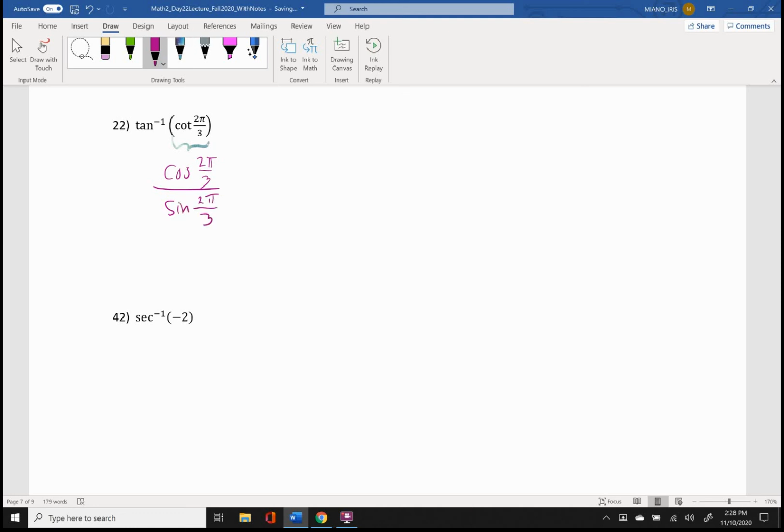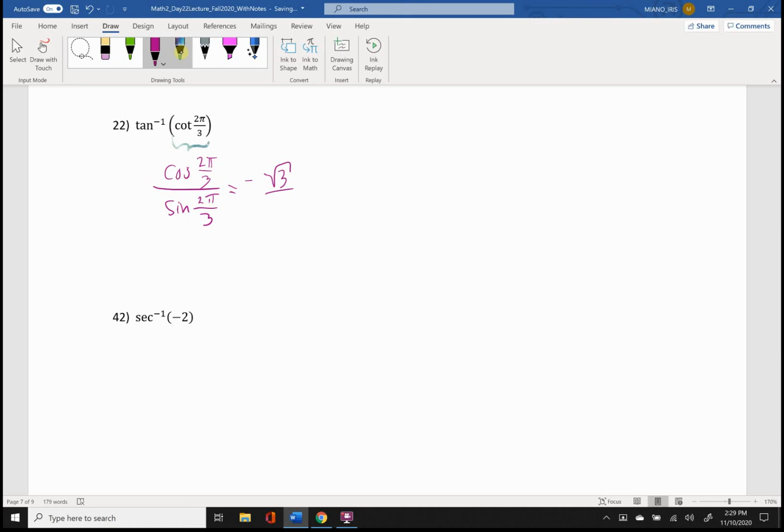Or we could just go straight to the cotangent of 2 pi over 3 if we know it. That'll be negative root 3 over 3. Because if we had the tangent of 2 pi over 3, that would be what?